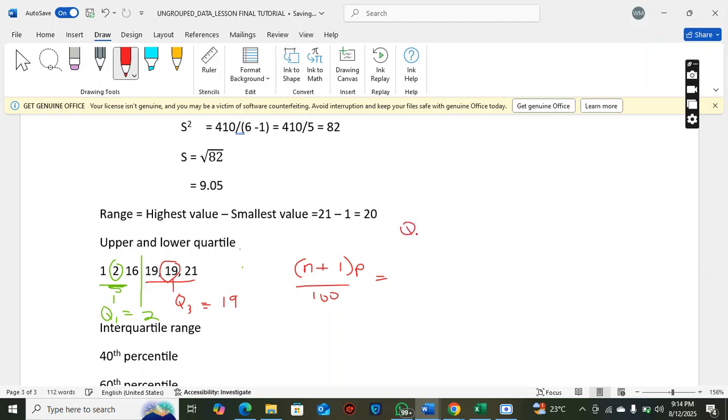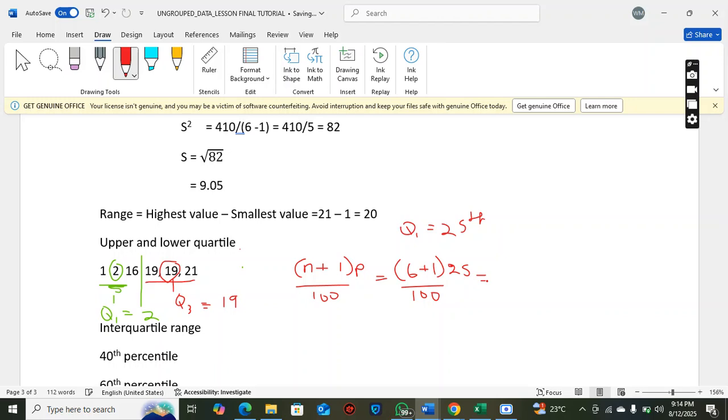Q1, which is our lower quartile, is the 25th percentile. So here in our formula, n is 6, so it's 6 plus 1 multiplied by 25 divided by 100.